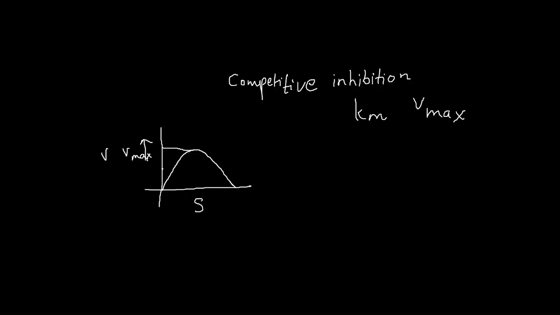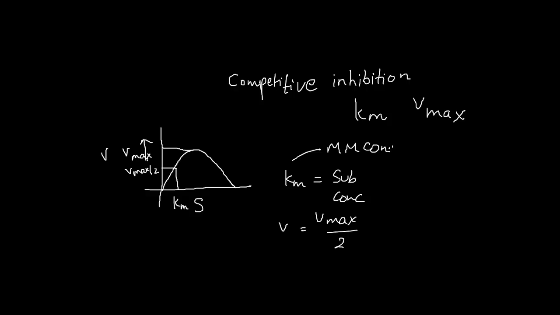The concentration where the velocity of the reaction is Vmax by half is known as the Km. So Km is the substrate concentration where the velocity or rate of reaction is Vmax by half, and Km is also known as the Michaelis-Menten constant.